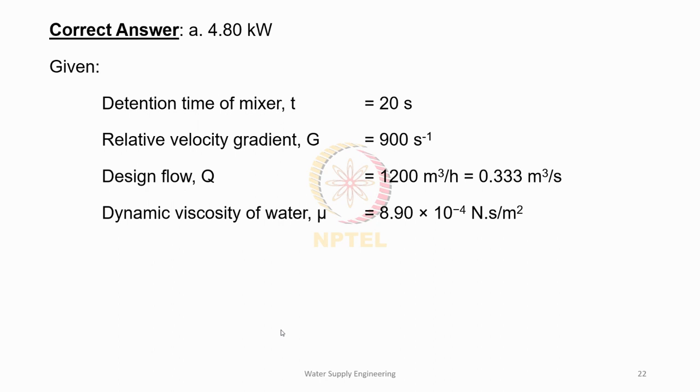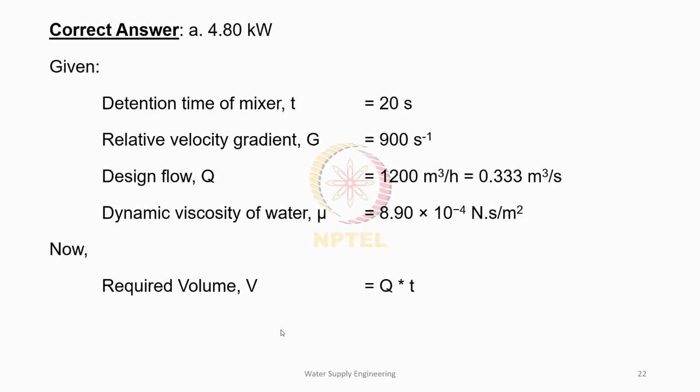Relative velocity gradient G is equal to 900 per second. Design flow Q is given as 1200 meter cube per hour, which is equal to 0.333 meter cube per second. Dynamic viscosity of water mu is equal to 8.9 into 10 raised to minus 4 Newton second per meter square.